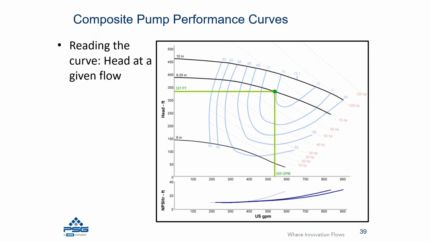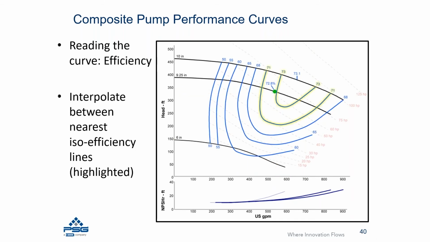So that green dot on the curve is representing 525 gallons per minute for a pump that has a 9¼ impeller trim. If you take the horizontal line to the head axis, you're going to see that at 525 gallons per minute, the pump is going to generate 337 feet of head.